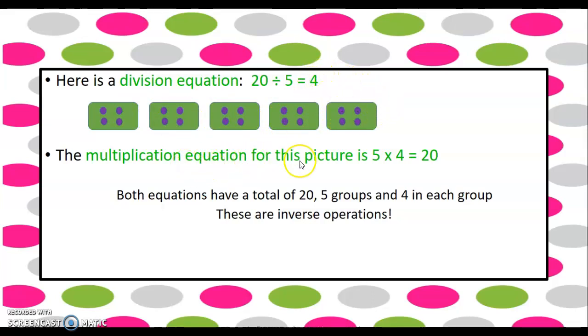The multiplication equation for this picture would be 5 groups of 4 is 20, or 5 times 4 equals 20. Again, both equations have a total of 20, 5 groups, 4 in each group. Again, they're inverse operations. I could say 5 times 4 equals 20. 20 divided by 5 equals 4.